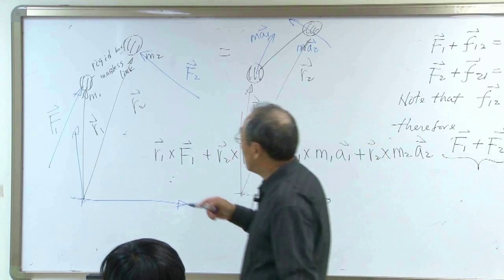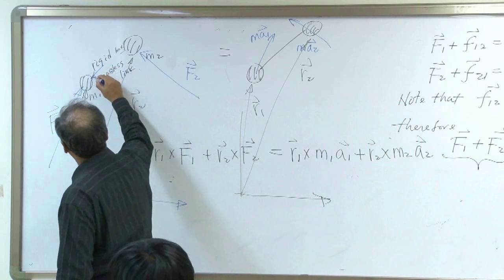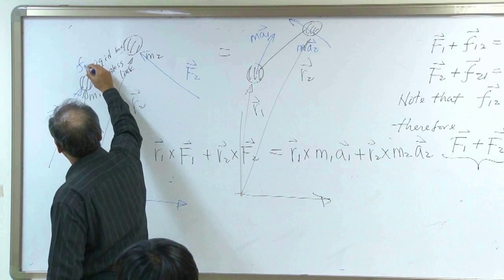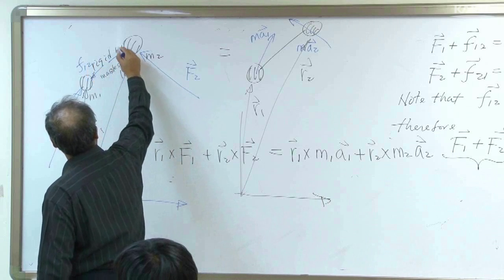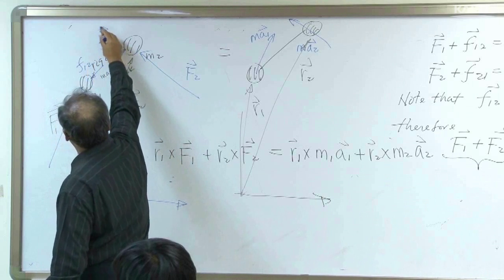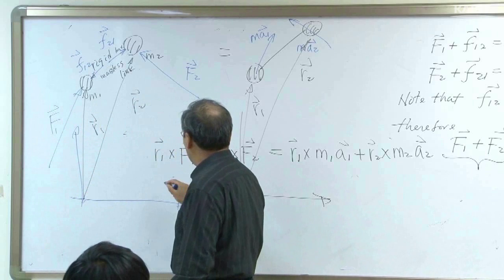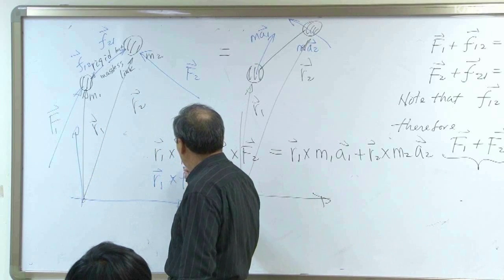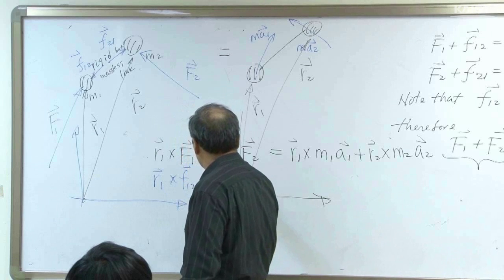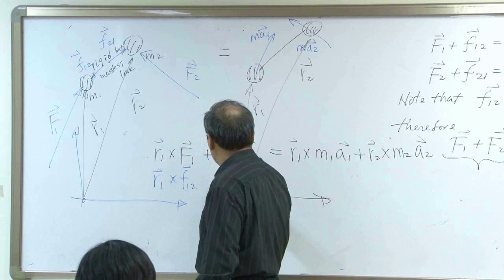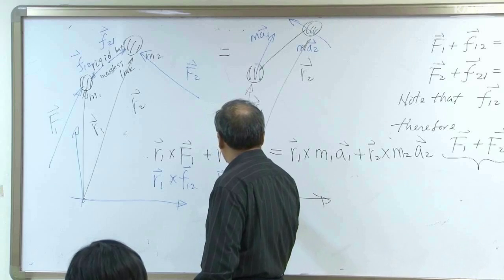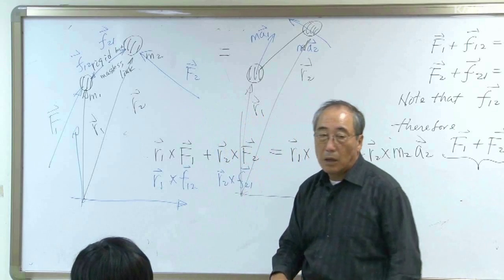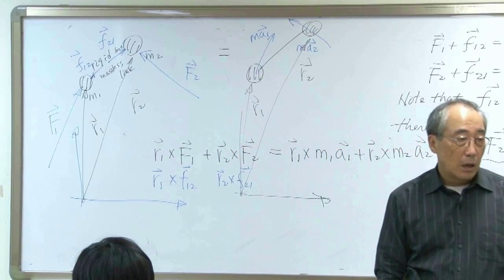That is true. Therefore, I use F12 here, F21 vector, and therefore there should be R1 cross product F12, there should be R2 cross product F21. Okay?